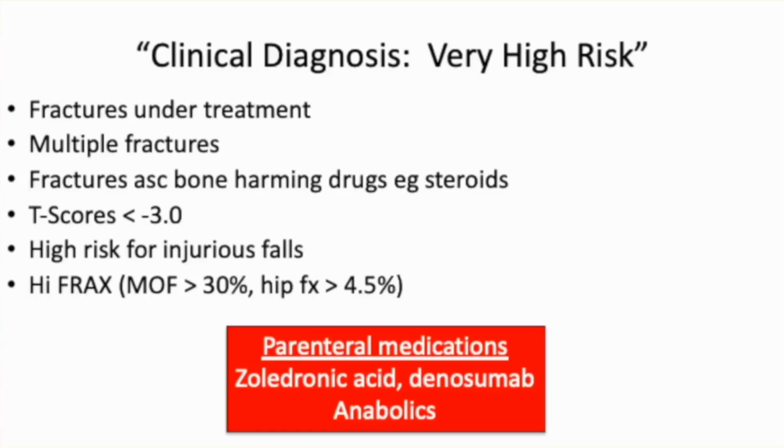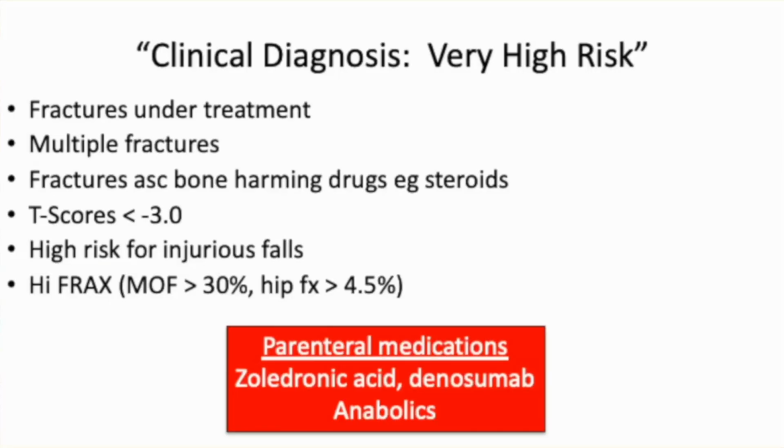The very high risk patients are ones we do not want to miss because these are super high risk for further fractures. And included in this are patients who have fractures under medical treatment, multiple fractures, fractures when they are on bone harming drugs such as corticosteroids, very low T-scores, less than -3, high risk for injurious falls.